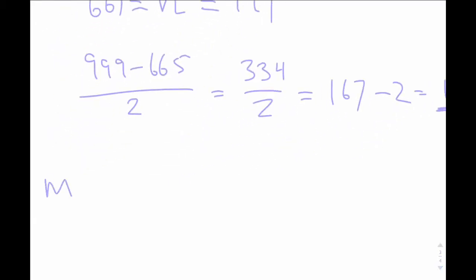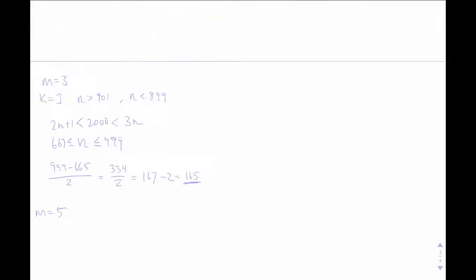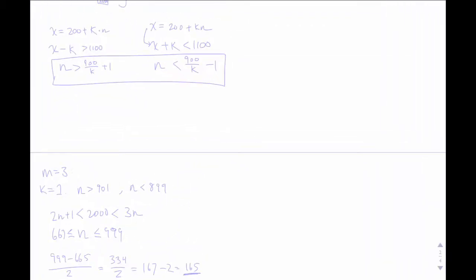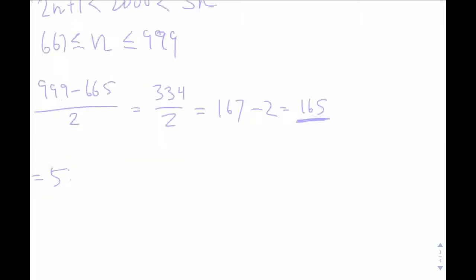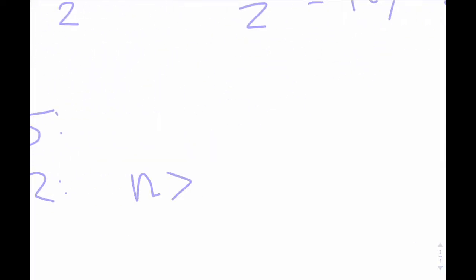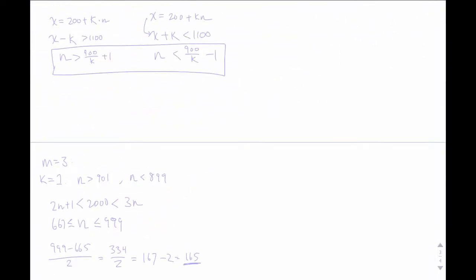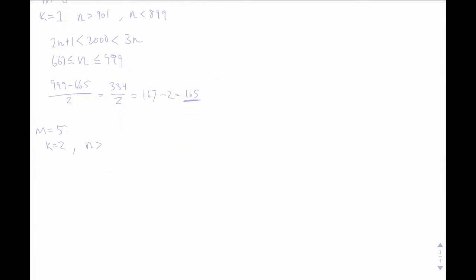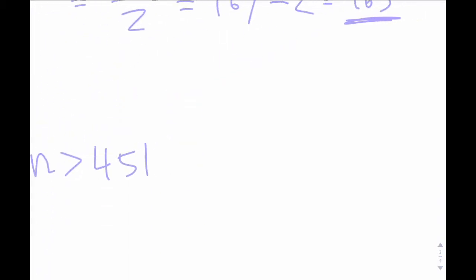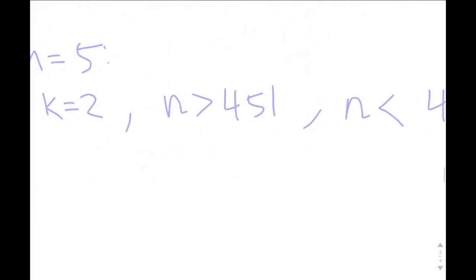Now we move on to when m equals 5. We sort of have the same bounds. In this case, k is equal to 2. Therefore, n is greater than 900 over 2 plus 1, so 451, and n is less than 449. We also have 4n plus 1 is less than 2000, less than 5n.